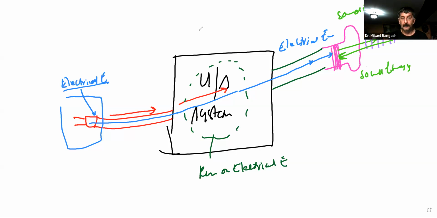What we have is the wire that runs from the system to the transducer. This is mainly just an electrical wire, and since it's an electrical wire, that means it can only carry or conduct one form of energy, which is electrical energy.